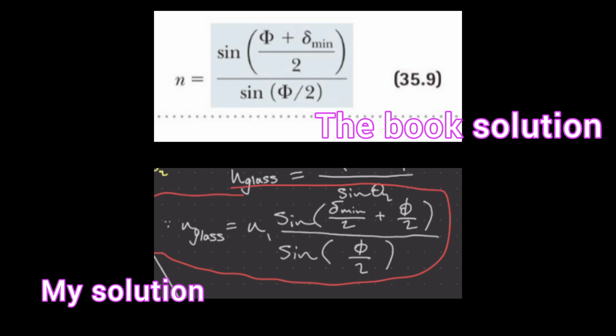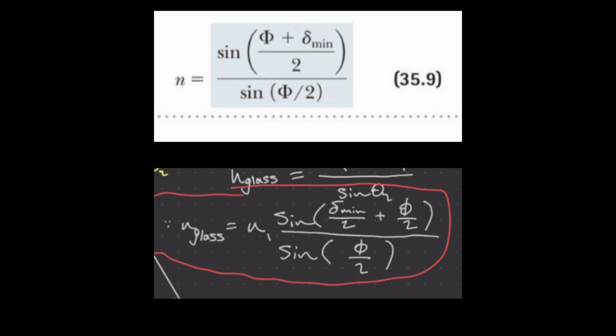And we also didn't bring the argument of the sine in the numerator to a common denominator. So they brought the delta min and the phi, both of them divided by 2, together and put both of those divided by 2. I just kept them separate, 1/2 delta min plus 1/2 phi. So looks good. Amazing problem.